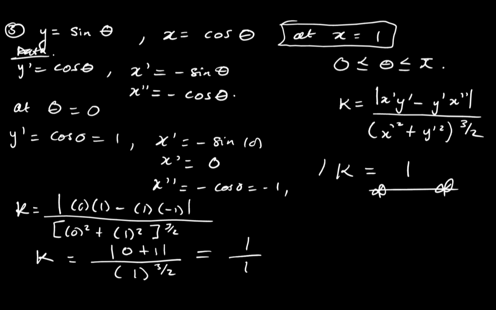Now, after finding the curvature, we can find the radius, which is just 1 over the curvature, which is 1 over 1. So the radius of curvature is also 1. This is how you go about solving questions involving curvature and radius of curvature.